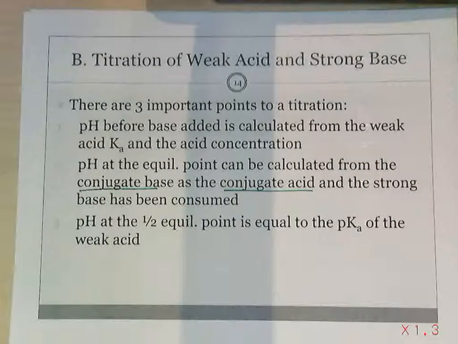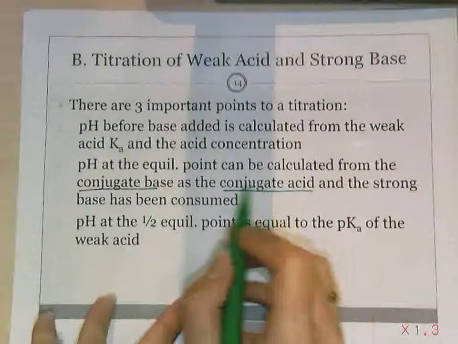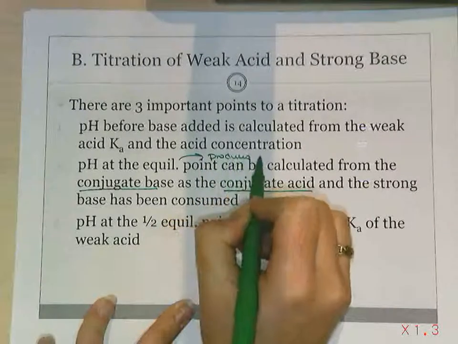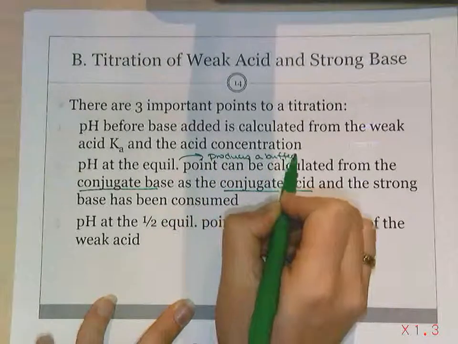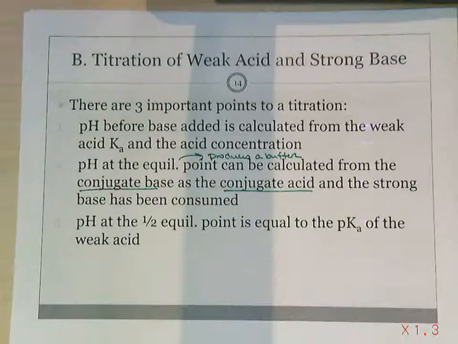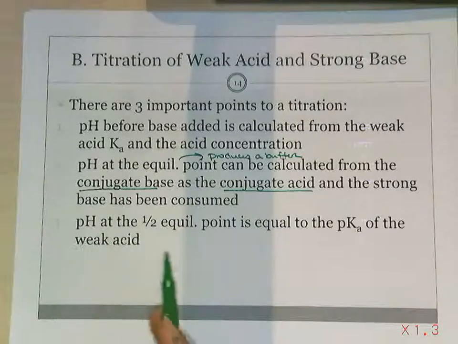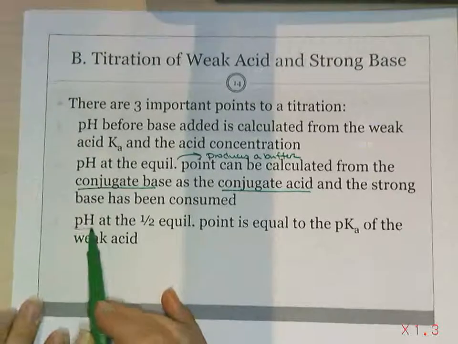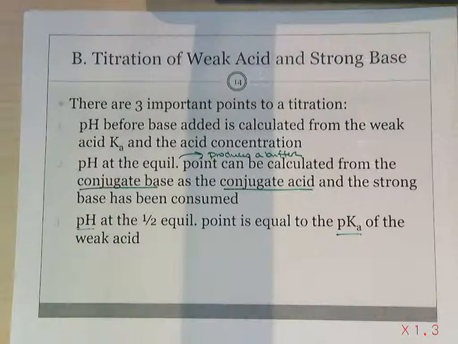So at these weak, strong reactions, the equivalence point produces a buffer, which means those will be two-parters. Then the final point we'll look at is the pH at the half equivalence point. The pH is equal to the pKa. If they are equal to each other, what does that tell you about the concentrations of the conjugate acid and base?